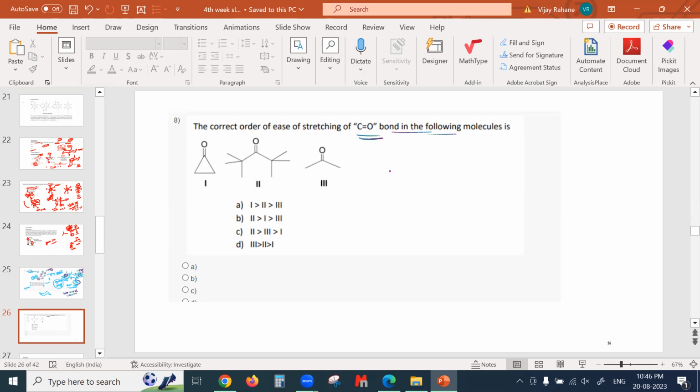They have given three different structures; this is the C=O bond, and these are the two different groups. How easily we can stretch it means how easily we can convert this double bond toward a single bond, and then obviously the bond length will increase.